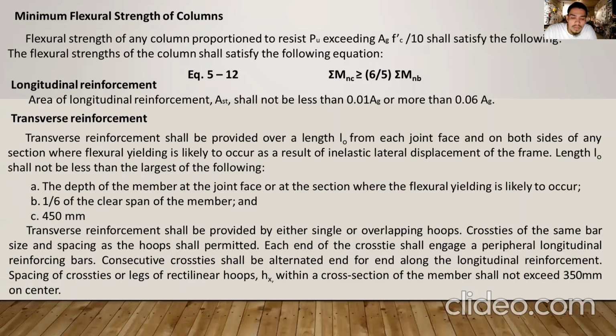So, kailangan consecutive din yung alternated ng longitudinal reinforcement. So, yung crosstie is kailangan ay consecutive, sunod-sunod na alternated from end to end, sa dulo sa dulo. Tapos, within the cross section, kailangan hindi mag-exceed ng 350 mm yung spacing niya dun sa mismong center ng column.